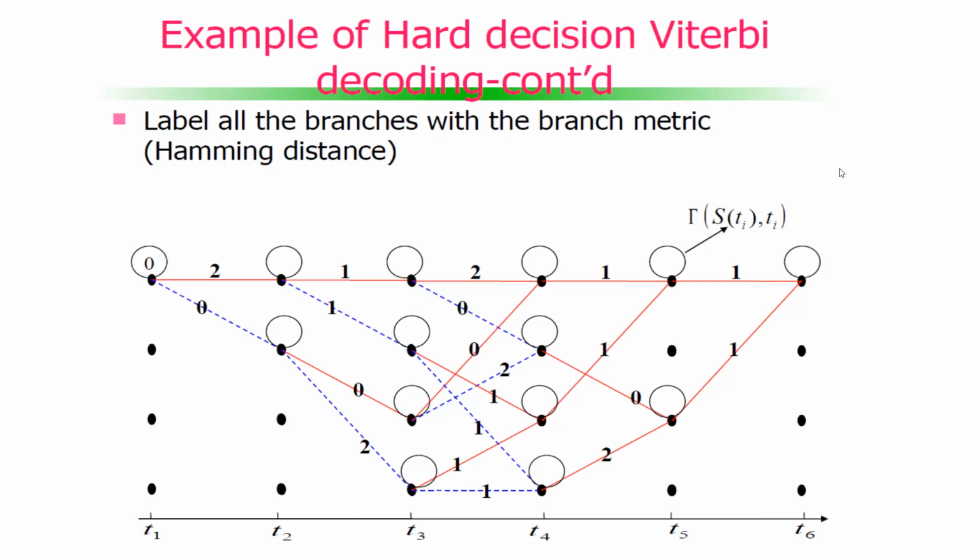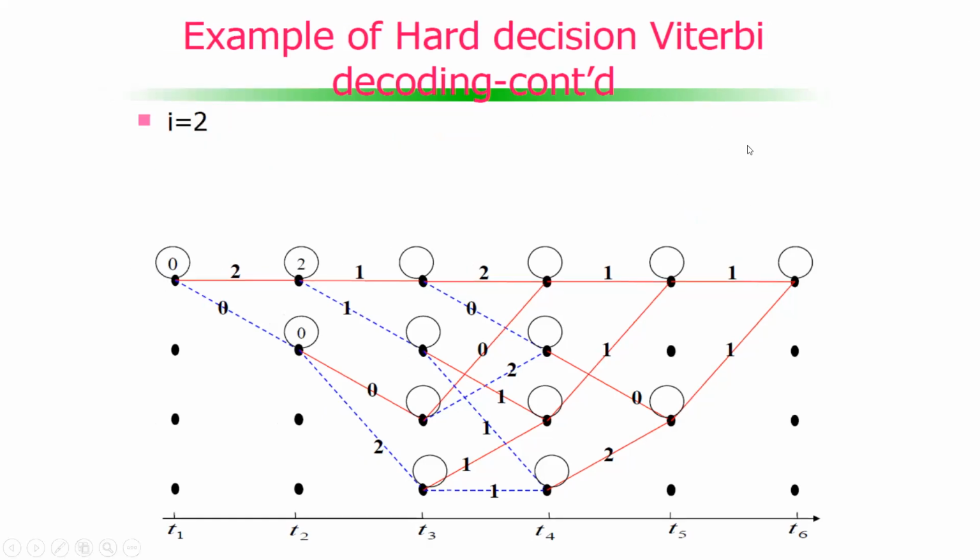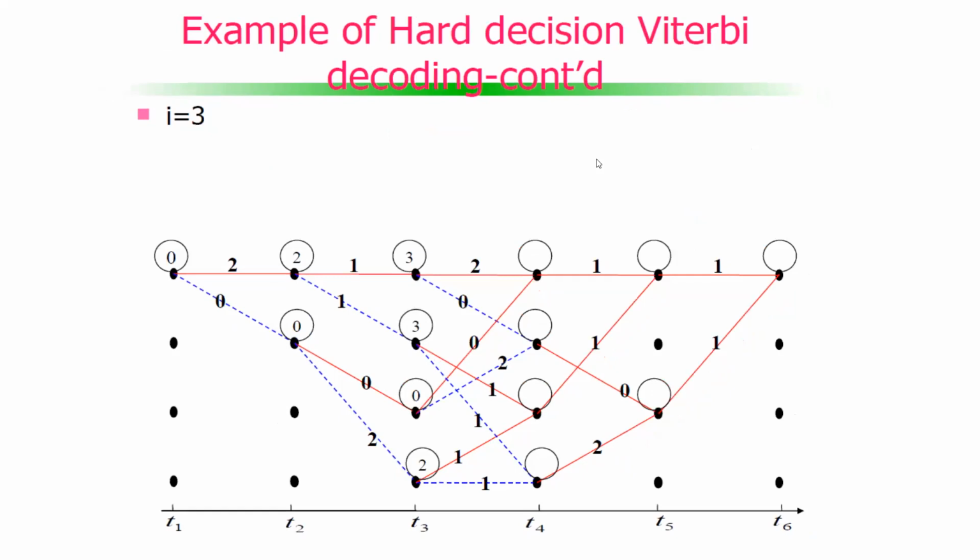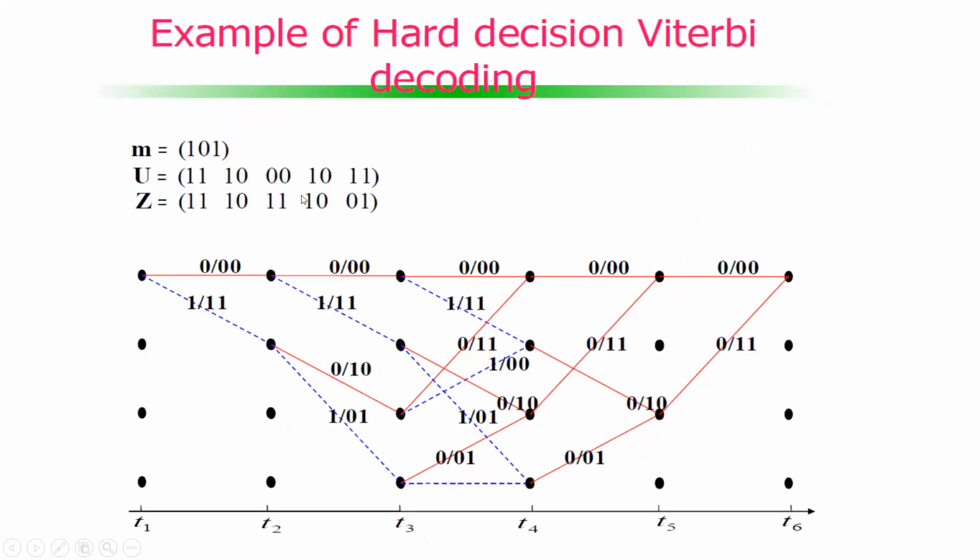In the exam, you may be given an encoder structure and you will be given this Z, and you can be asked to decode this received code word. So tomorrow we will see how the Viterbi decoding will be done. If any questions are there, then please ask.